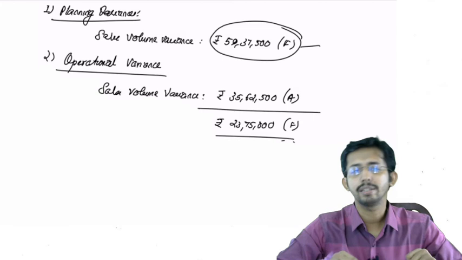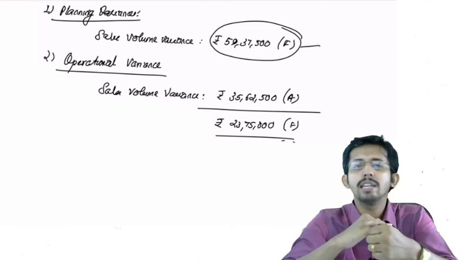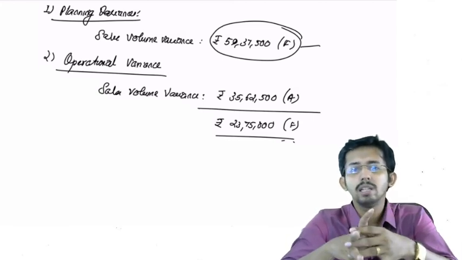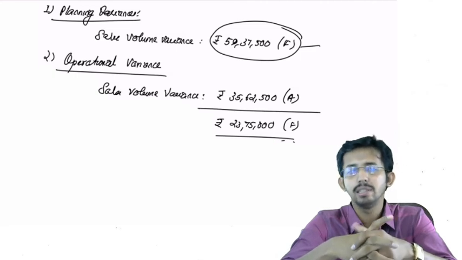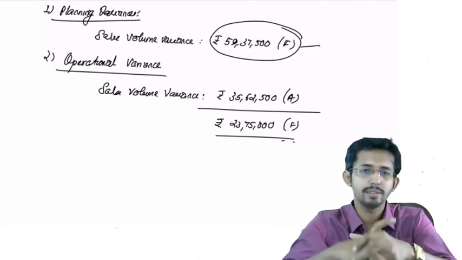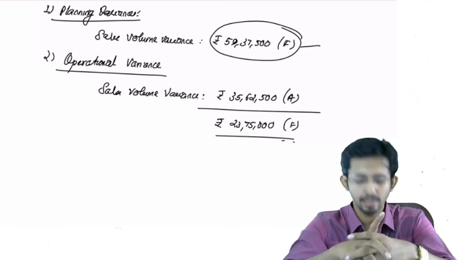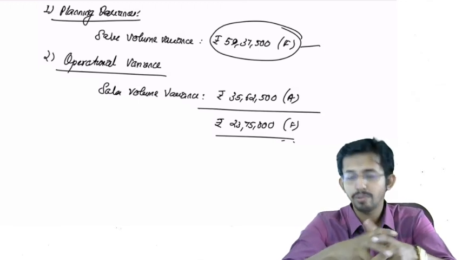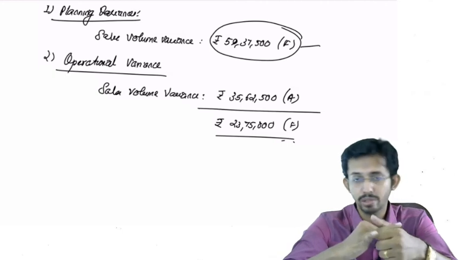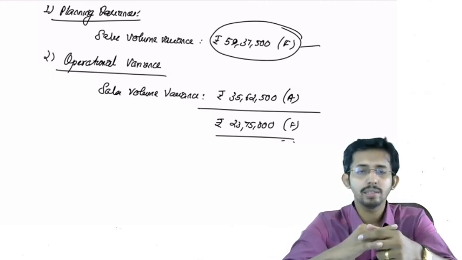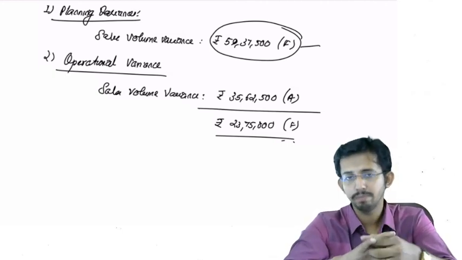Okay, so you can write: Mr. K claims to have generated a net sales volume variance of rupees 23,75,000 favorable, full stop.